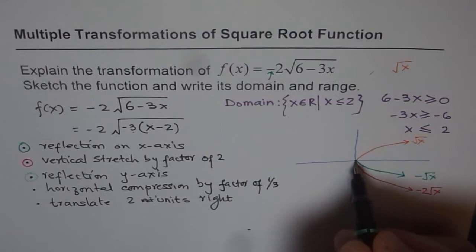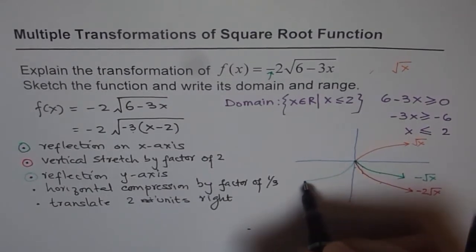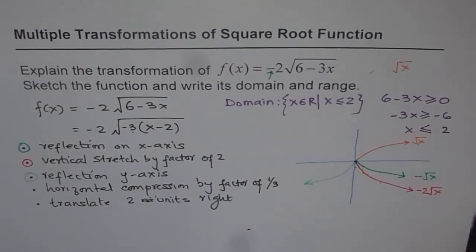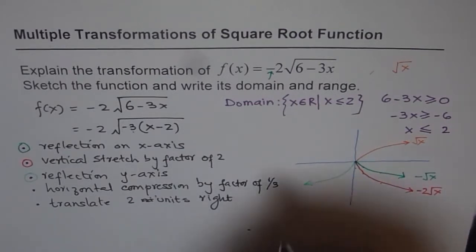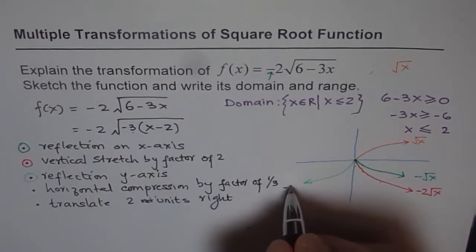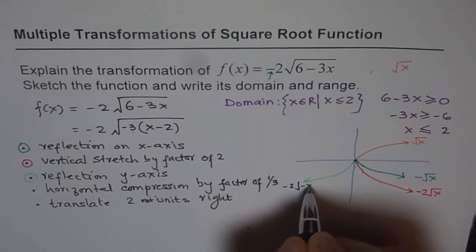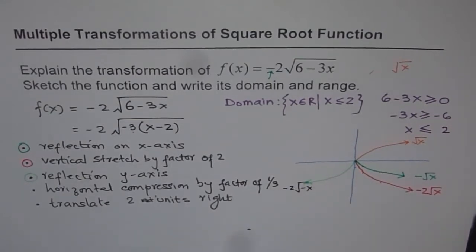So we reflect it like this, correct? So let me write in black since this is not very clearly visible, right? So I'll write this as minus 2 square root of minus x, okay? And let me differentiate that side with this color, okay? So we are done with reflection on the y-axis.